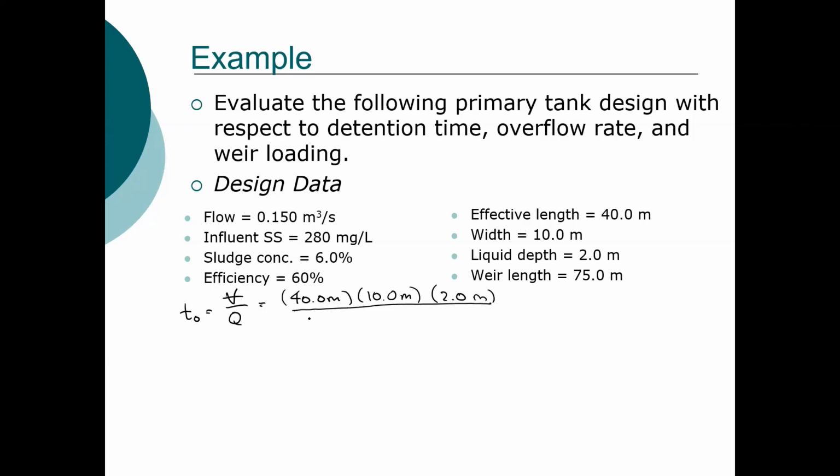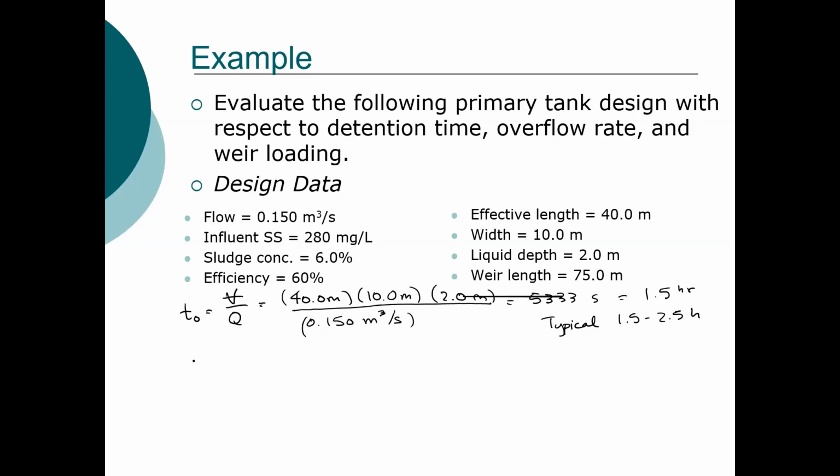We'll divide that by the flow rate, and that is equal to 5,333 seconds or 1.5 hours. Typical detention times for primary sedimentation basins are from about 1.5 to 2.5 hours. So we're right within the range.